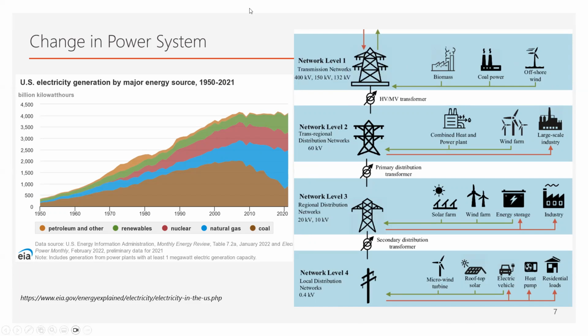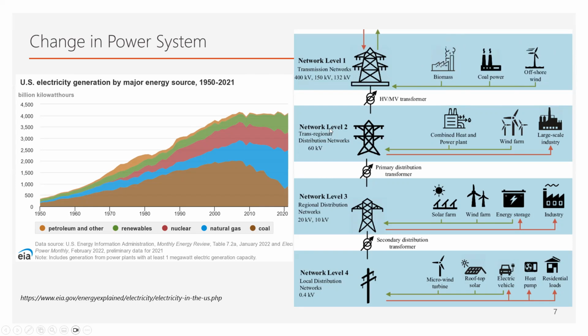So in network level 1, for transmission lines, the voltage is 400 kilovolt, 150 kilovolt or 132 kilovolt. At that level, the power nowadays comes from biomass, coal power plants, nuclear power plants in some cases, or offshore wind, which is a renewable energy.